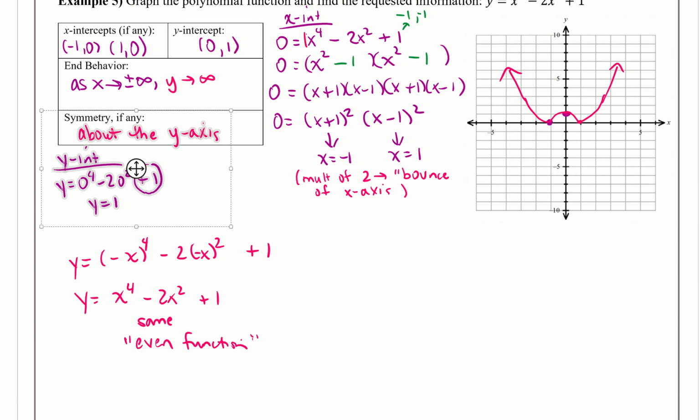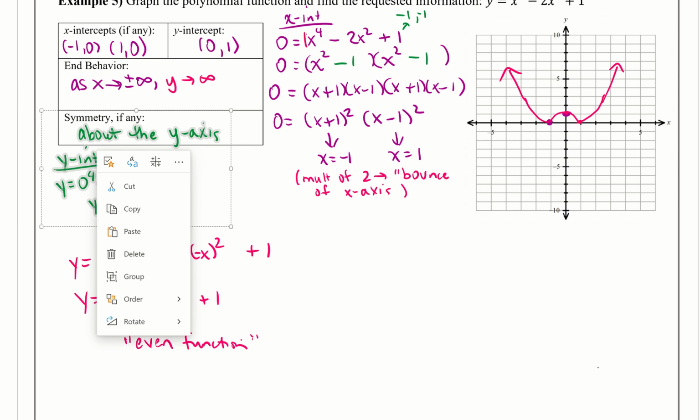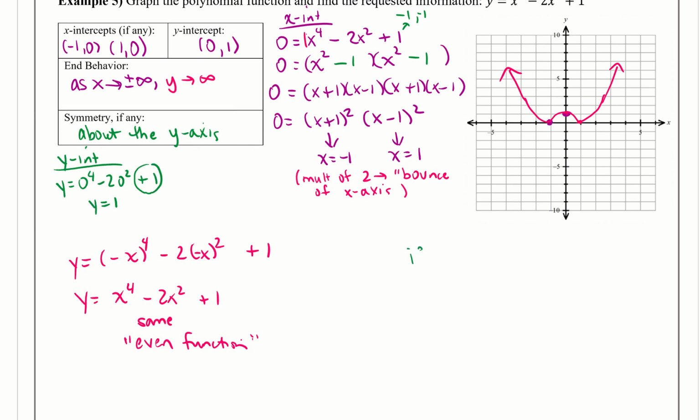Something worth mentioning: if an x-intercept has an even multiplicity, then it will bounce off the x-axis, and it will not cross it.